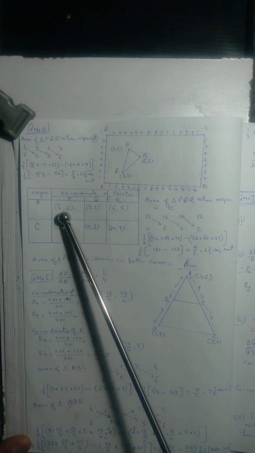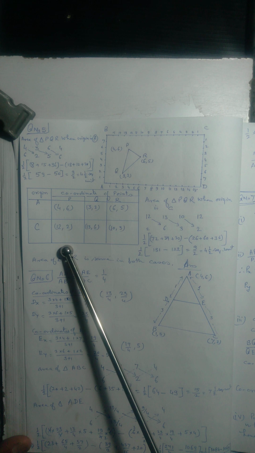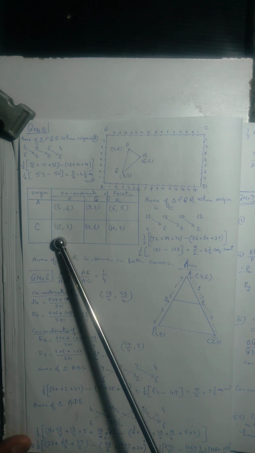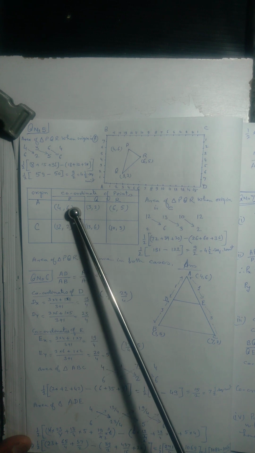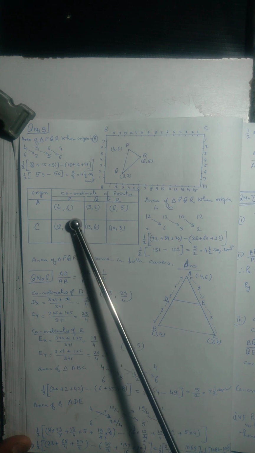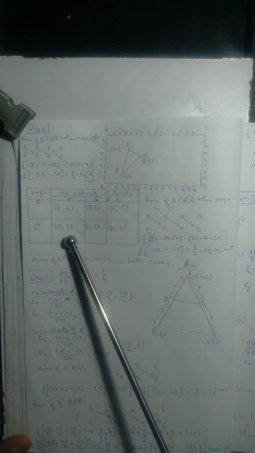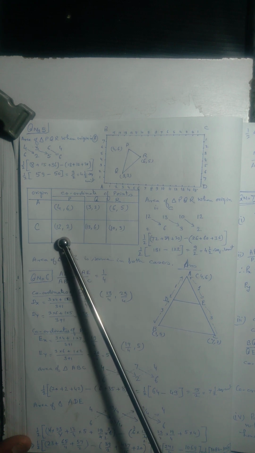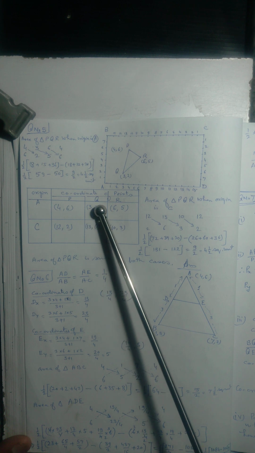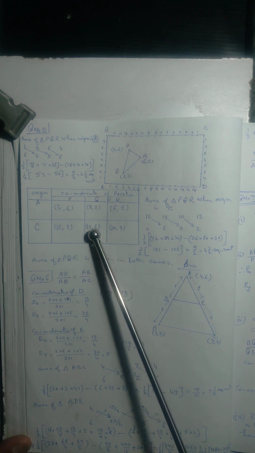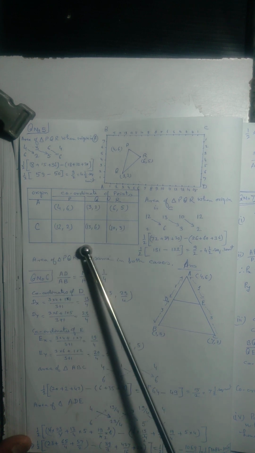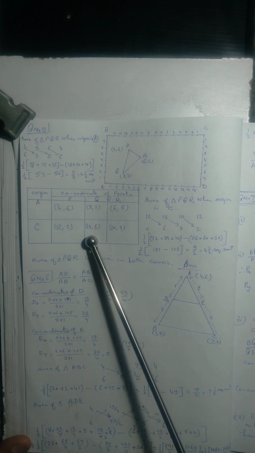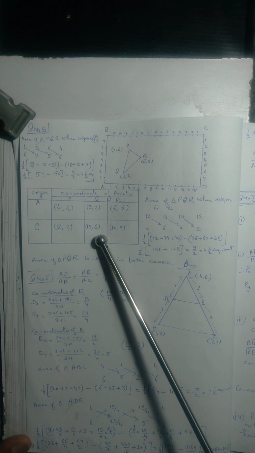You see, total distance is 16, so 16 minus 4, you will get 12. Here total distance is 8, so 8 minus 6 is equal to 2. So the coordinate of the point P is 12, 2. Similarly, the coordinate of the point Q with respect to C as origin: 16 minus 3, that is 13, 8 minus 2, that is equal to 6.